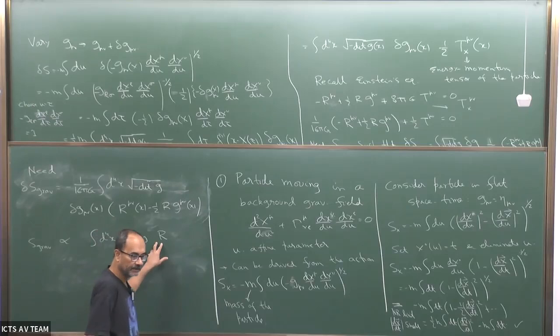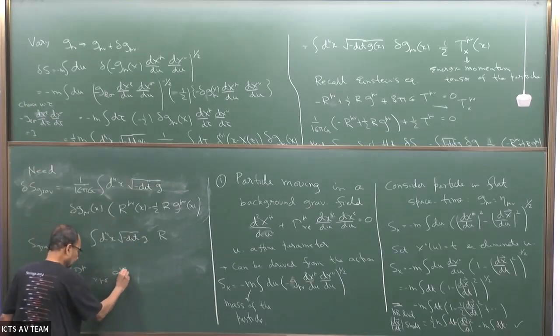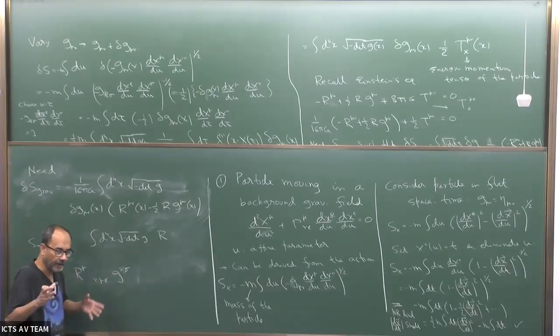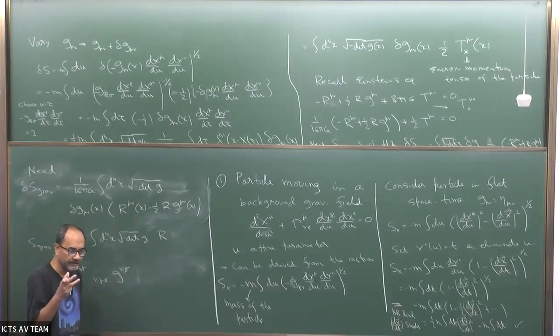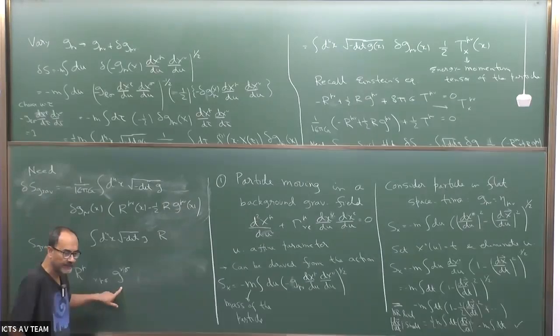You remember R is R mu sigma G mu sigma. This is a sum of terms, but each of the terms has two derivatives. So when you contract with G mu sigma, this will be a sum of terms, each having two derivatives, right? And that's what we need.